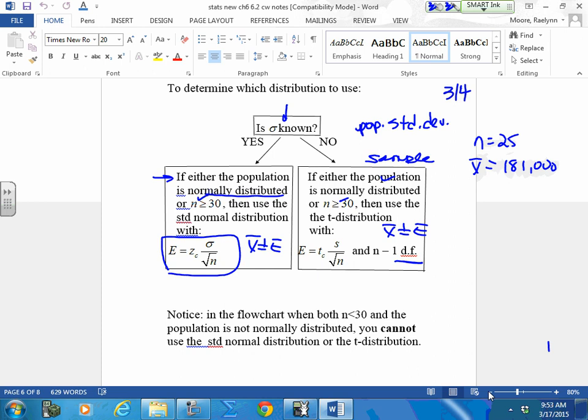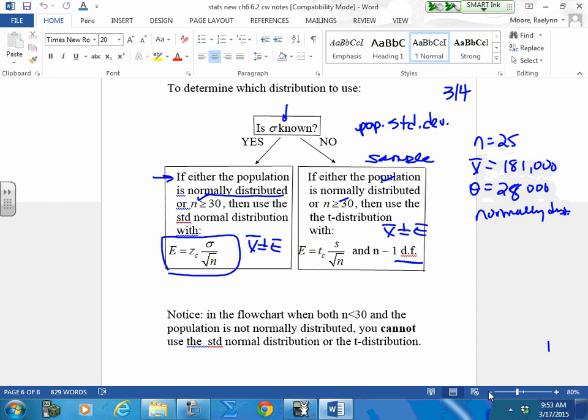And the population standard deviation is 28,000. It says, assume the construction costs are normally distributed. They want to know, would you use a z-score, would you use a t-score, or would you use neither?